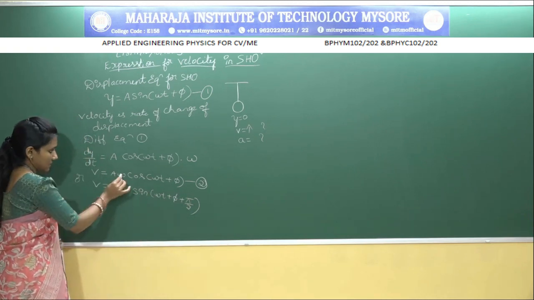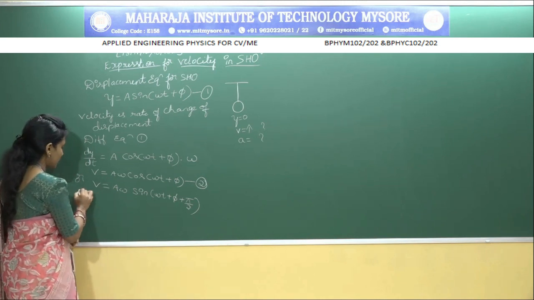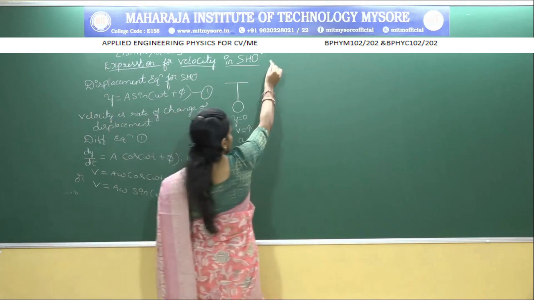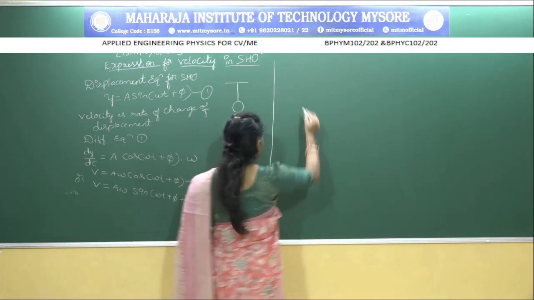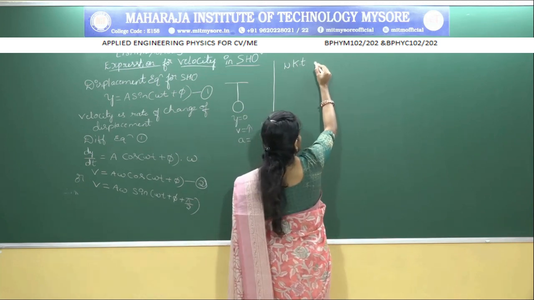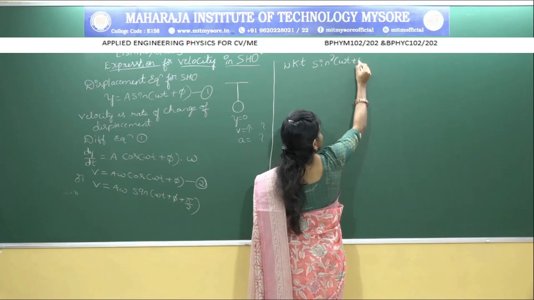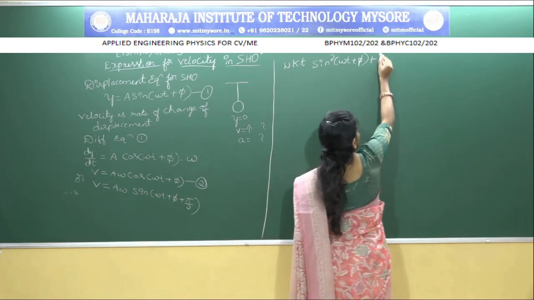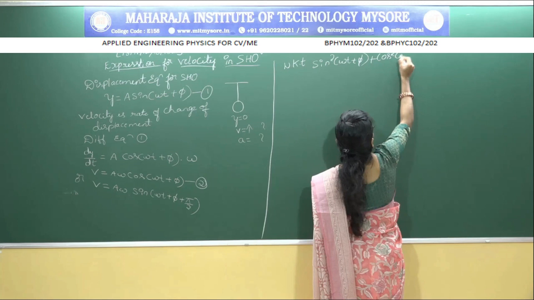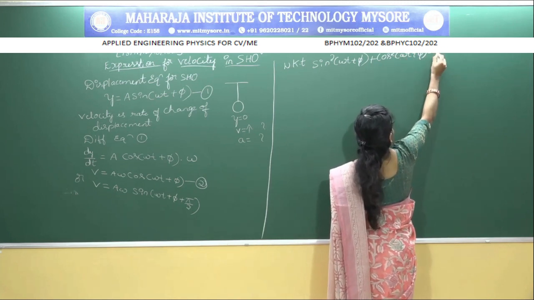To find the expression for velocity, consider that we know sin square of omega t plus phi plus cos square of omega t plus phi is equal to 1.